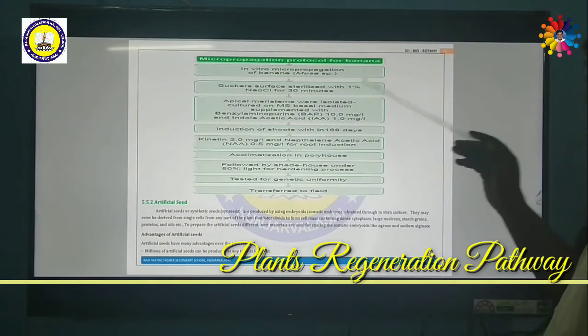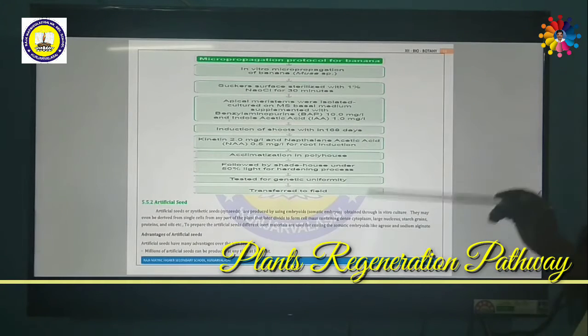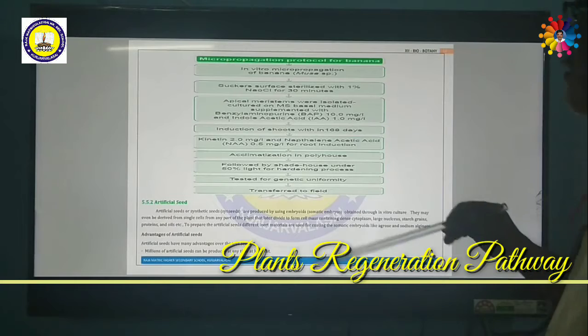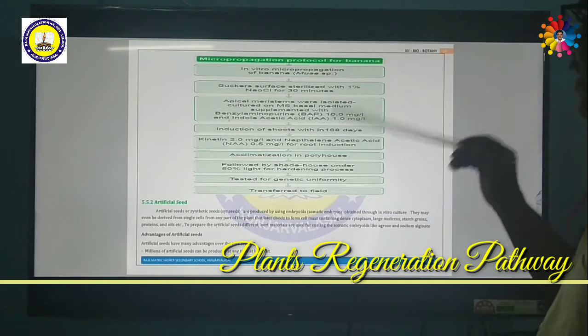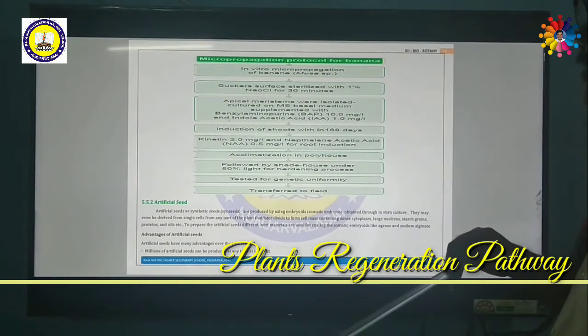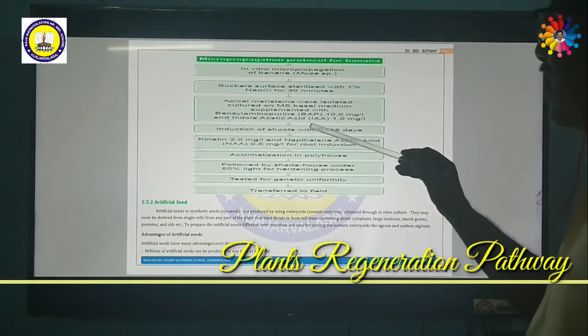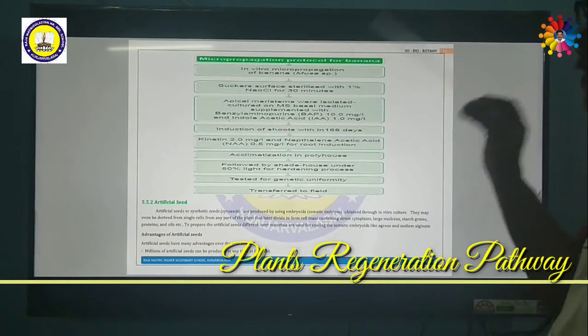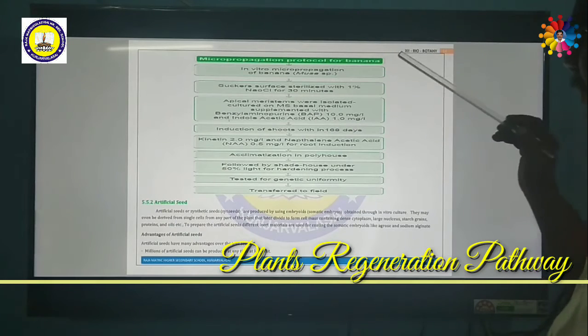The MS medium is supplemented with phytohormones: benzyl aminopurine (BAP) at 10 mg per liter and indoleacetic acid (IAA) at 1 mg per liter, prepared in MS medium.